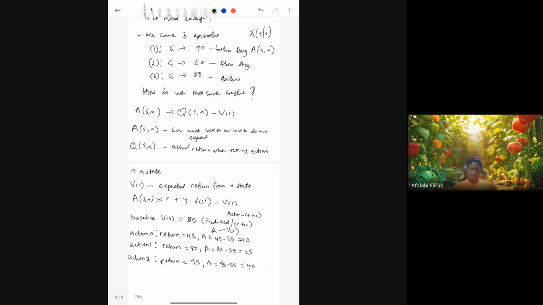So it's going to be minus 10, it's going to be 25, it's going to be 40. So this is going to be worse. It's going to be better. And this is going to be good.